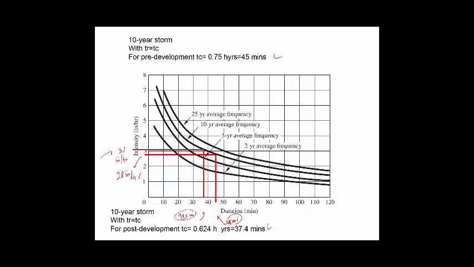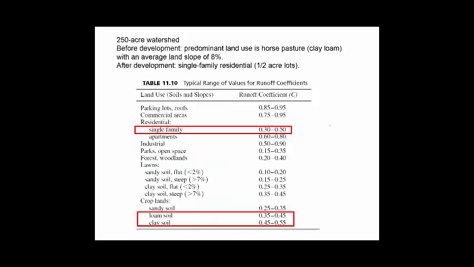As you increase duration, the intensity is lowered, and that's the shape of that graph. Okay, so you can see something that maybe you have intuitively recognized in our storms: when it rains for a long time, it's less intense. When it rains for a short time, it's more intense, generally, right?